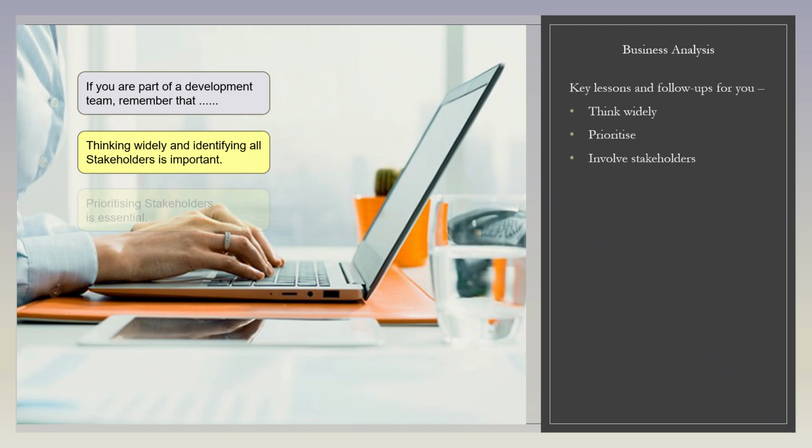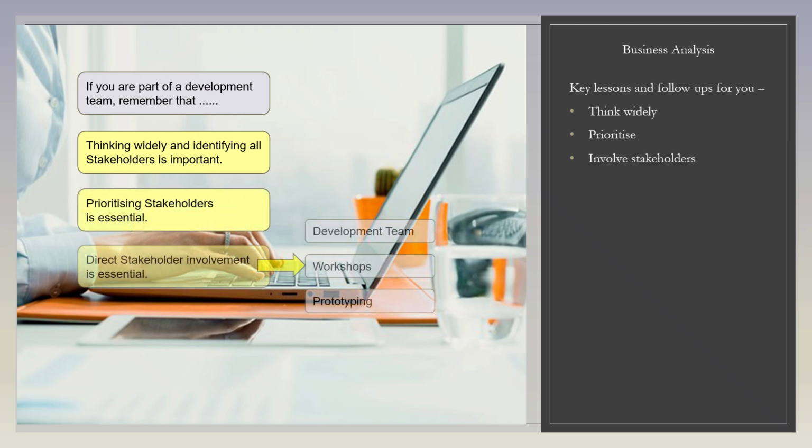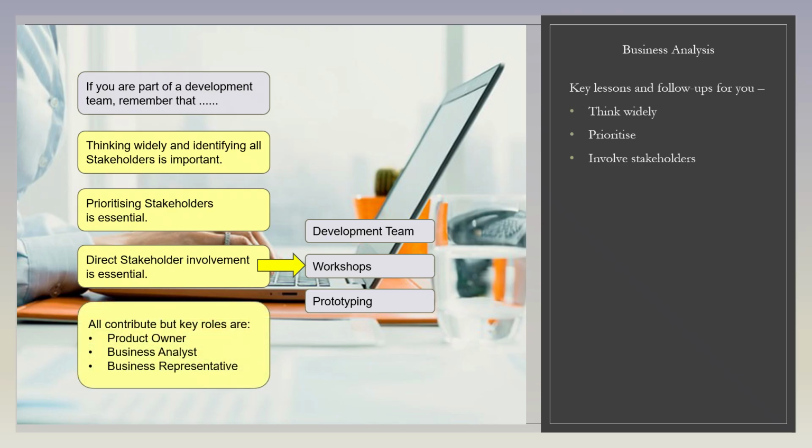You then need to prioritise and then involve stakeholders at the appropriate level, but some level of direct stakeholder involvement is essential, whether it's as members of the development team or through techniques like workshops and prototyping. And within the project team, everybody can contribute, but the key roles are the product owner, the business analyst, and the business representatives within the team.